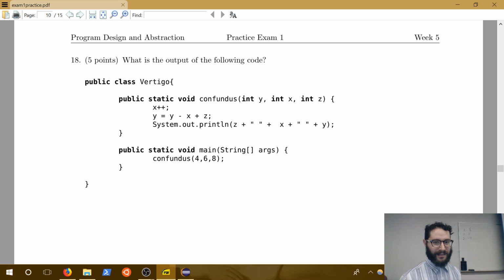We increment x to 7 with the first line, and then we say y is equal to y minus x plus z. So y is equal to 4 minus 7, so that's -3, plus z, which was 8, so it's positive 5. So y is now 5, so we've got 5, 7, 8 here. And then the print line is z first, which is 8, x, which is 7, and y, which is 5.